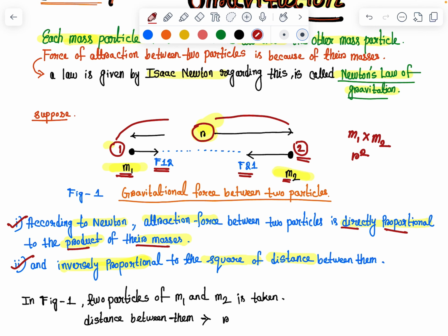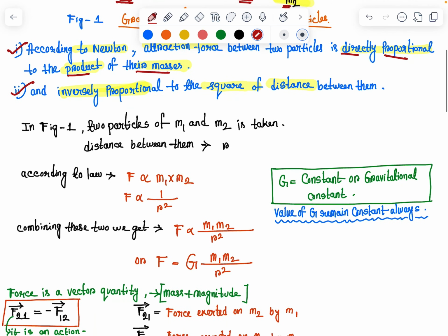Now we will discuss the law here. The two particles have masses m1 and m2, and the distance is taken as r. As I told you, the force will be directly proportional to the product of the masses, m1 cross m2, and inversely proportional to 1 by r square, the square of the distance. Now we remove the proportionality sign and bring in a constant.